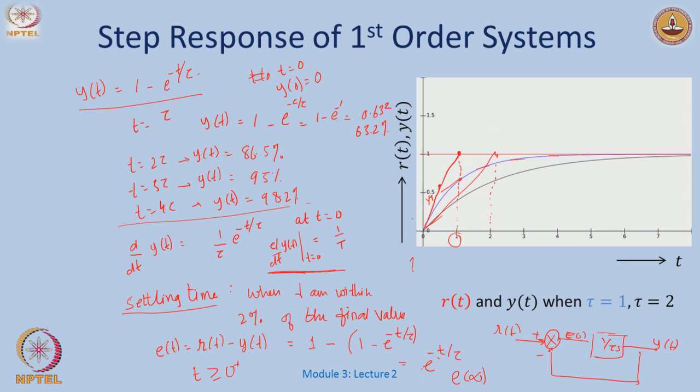As t goes to infinity, this term goes to 0. So E of infinity is 0, and from this expression I can say that r at infinity equals y at infinity. At infinity both signals become the same, so I can say my system asymptotically tracks a unit step.